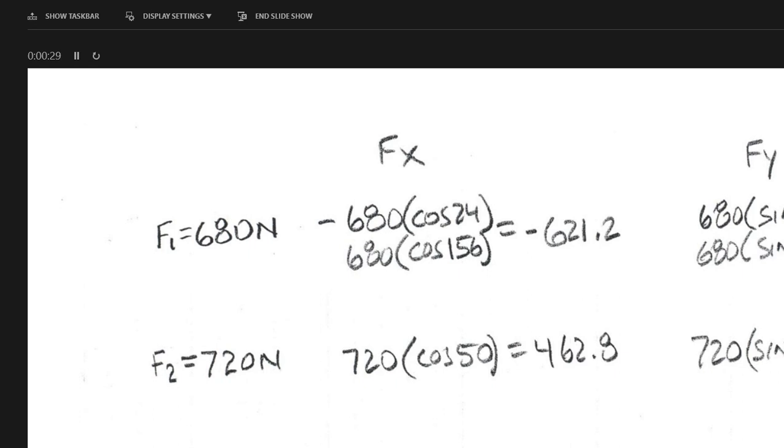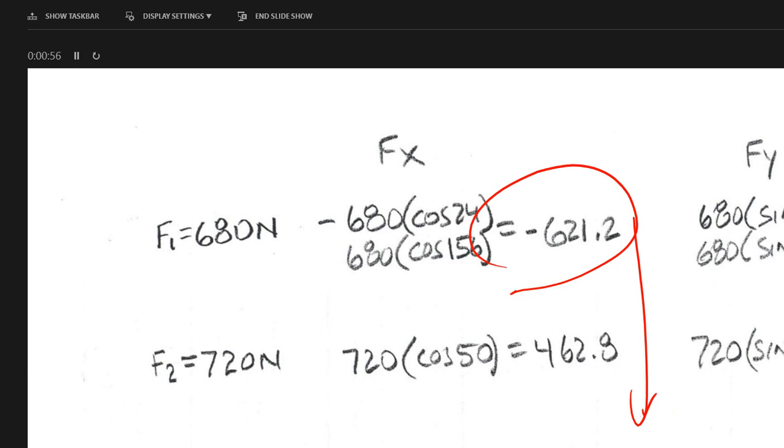So what you're doing there is breaking this up into an X and a Y component like that. Now F1 should have a negative X component. If you look at that, you can see it's going to the left. So that's negative, and then you've got a positive Y going up. So that should be a negative X and a positive Y. And then you just add them up to get the X and Y components of the resultant.